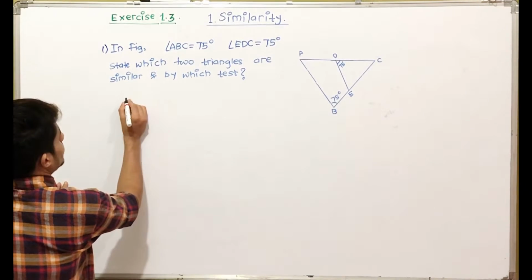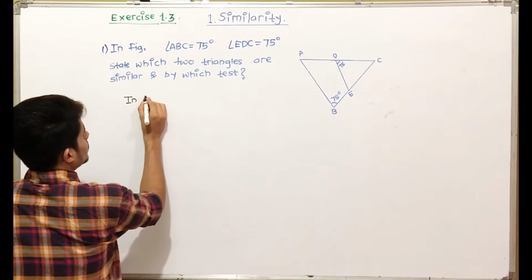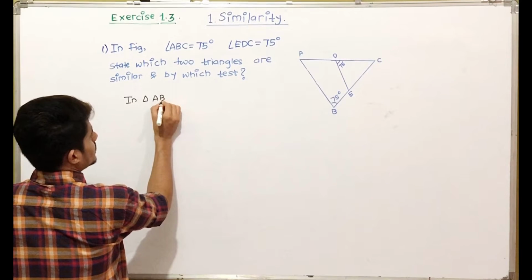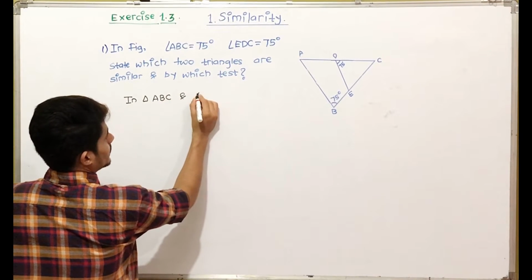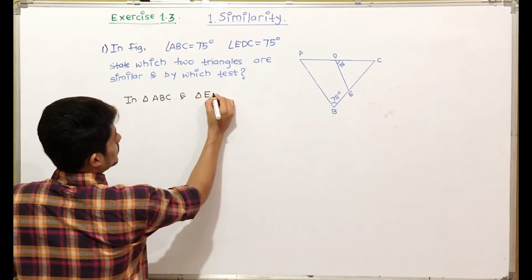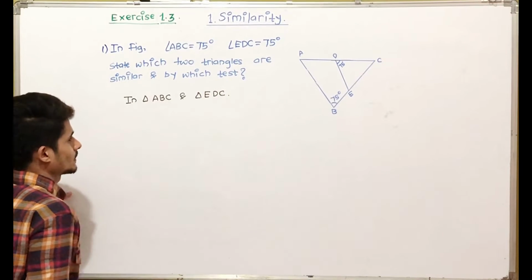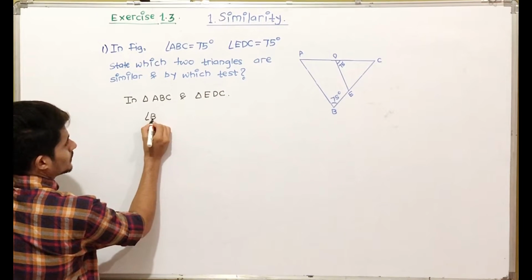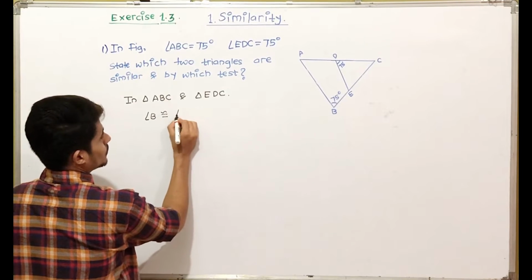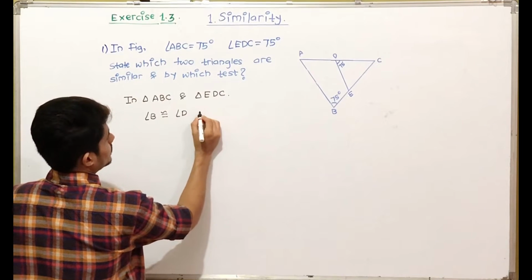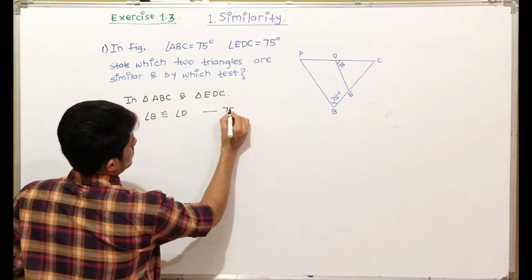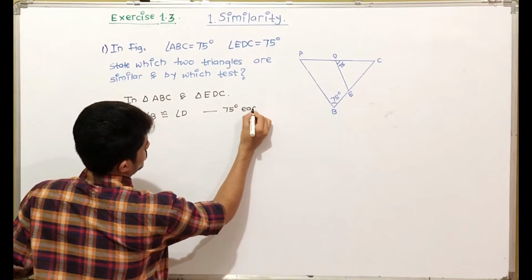So firstly we'll write, in triangle ABC and triangle EDC, angle B is congruent to angle D, 75 degrees each.